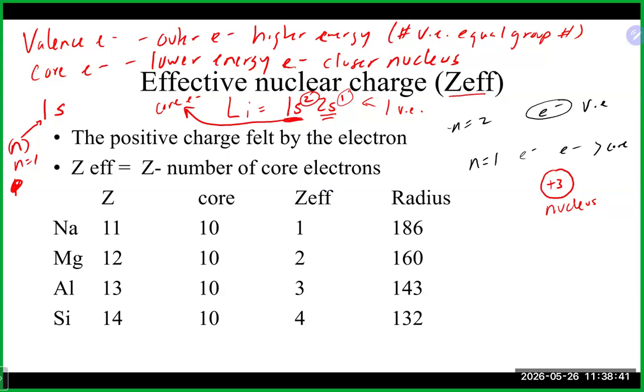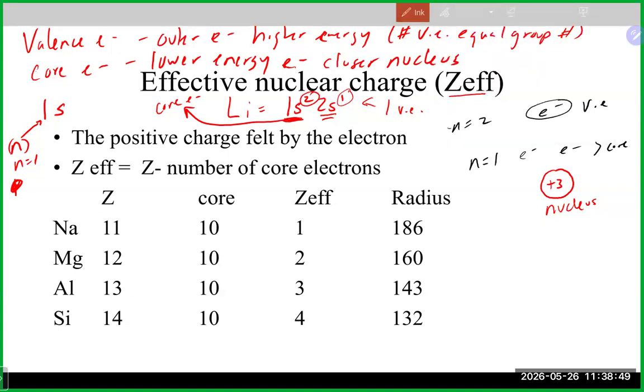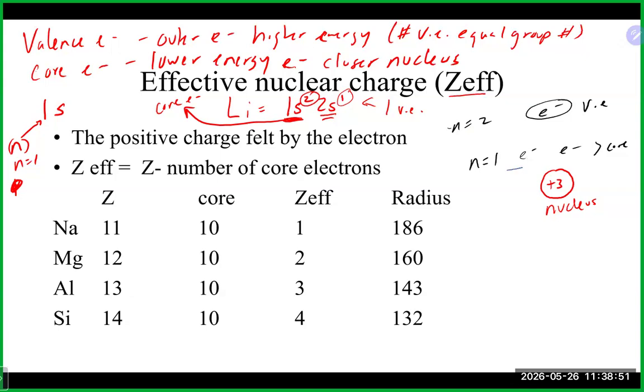There is a difference between the attraction to the nucleus that these different electrons feel. The core electrons, which are up front and really close to the nucleus, are basically going to feel the full brunt of that positive charge, that really strong positive charge.